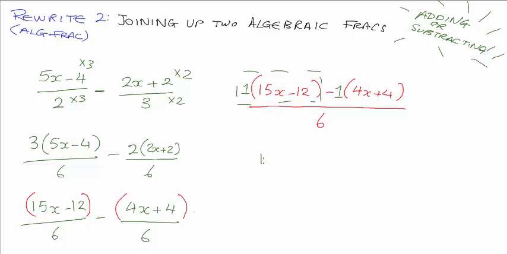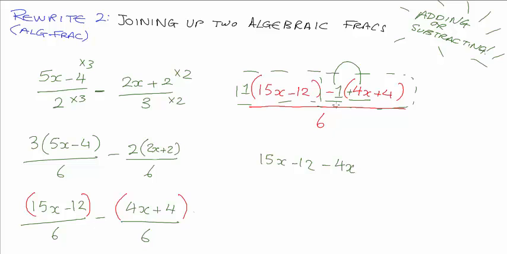I mean, most people know that's just going to become 15x minus 12. But now look at this bit. Remember, there's a real plus here, so -1 times plus 4x is going to give you -4x. Yeah, as most of you do.